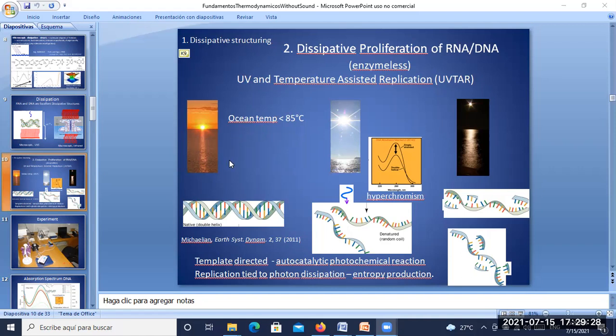That temperature is very interesting because it is about the denaturing temperature of short strand DNA when it's in water with salt. It depends on the amount of salt, of course, and on other factors like the sequence and the length. But basically, the DNA denaturing temperatures are around 85 degrees centigrade.